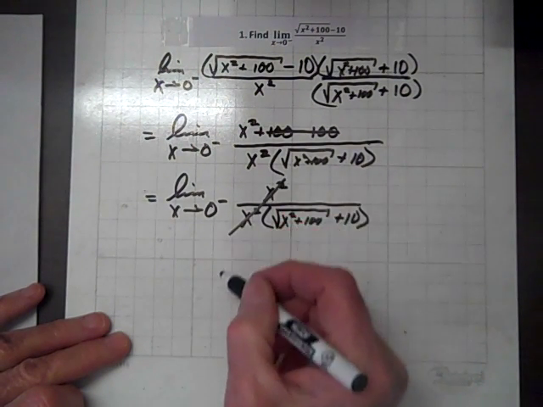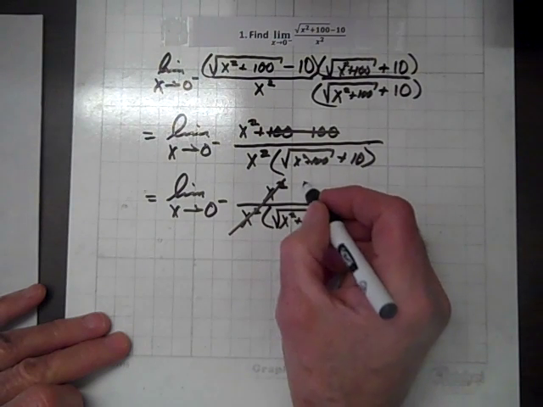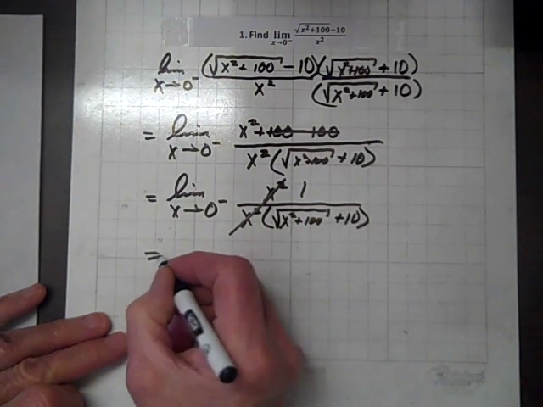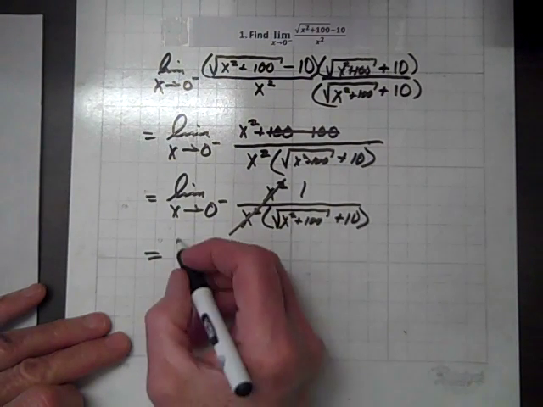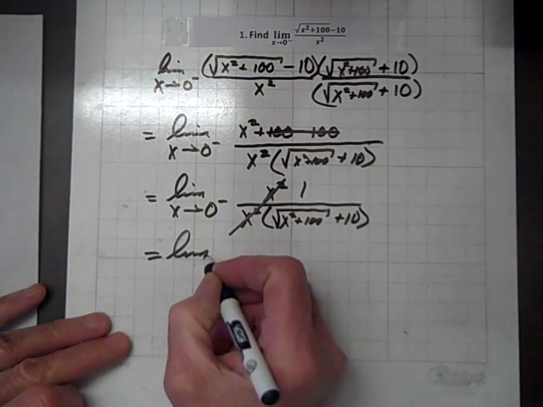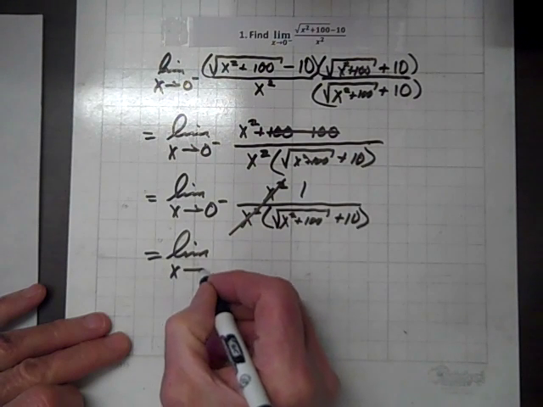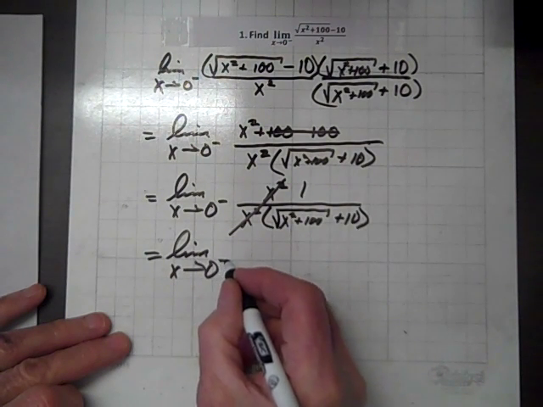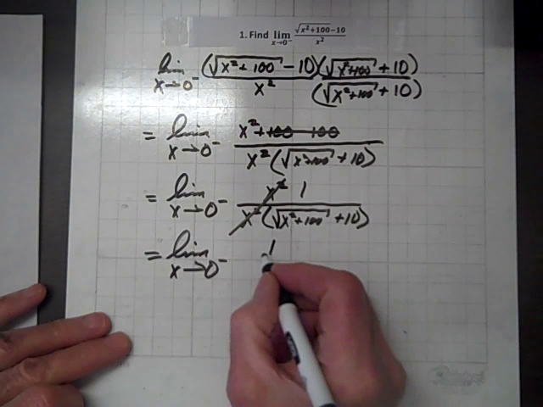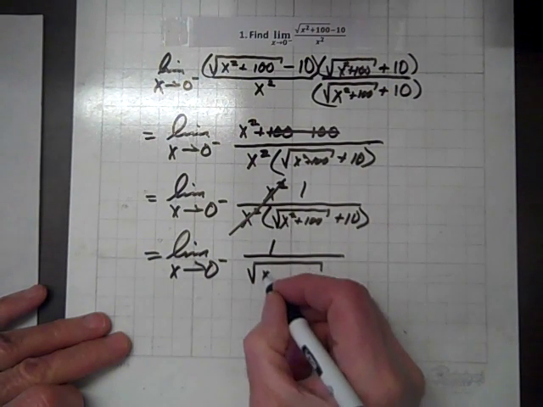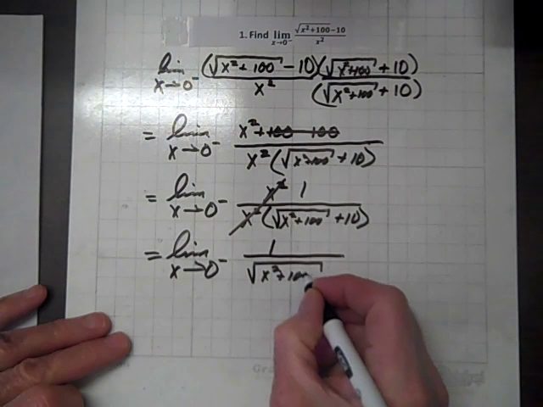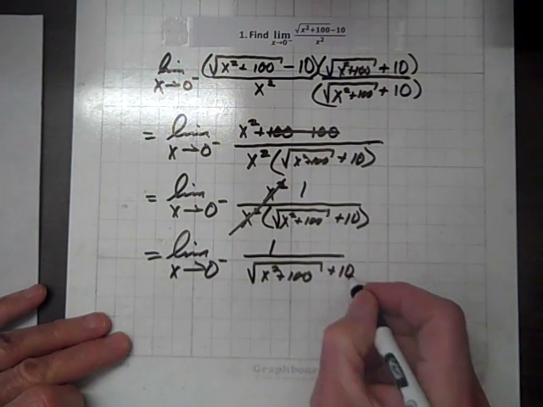Now the x squareds divide out and we get a 1 here. And now we can let x go to 0 because we will not have division by 0. If we do that, we have the limit as x goes to 0 from below of 1 over the square root of x squared plus 100 plus 10.